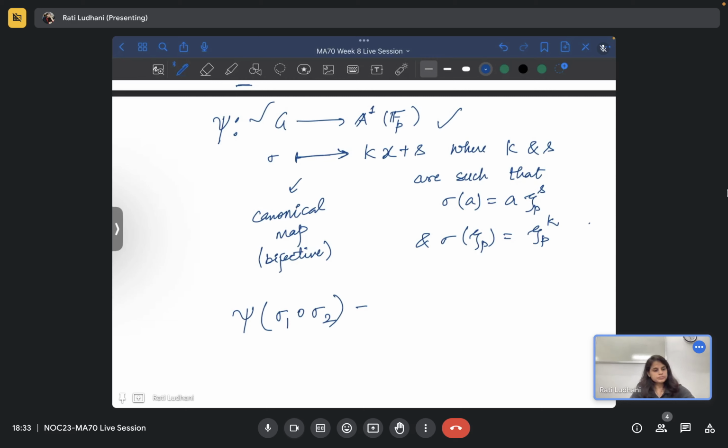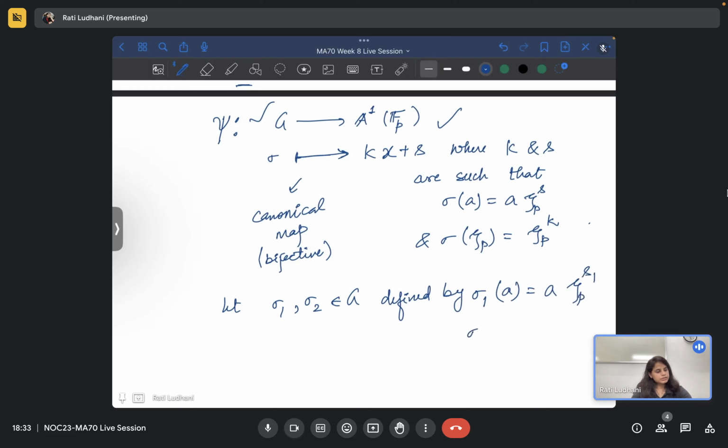Let me write it like this. Let sigma 1 and sigma 2 belong to G, defined by sigma 1 of a equal to a zeta p raised to power s1, and sigma 1 of zeta p equal to zeta p raised to power k1.